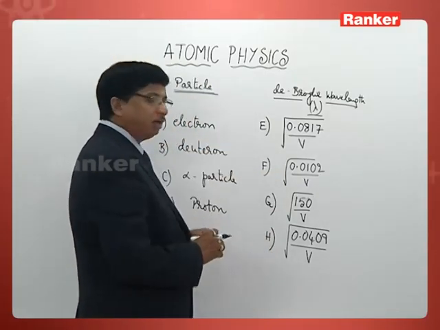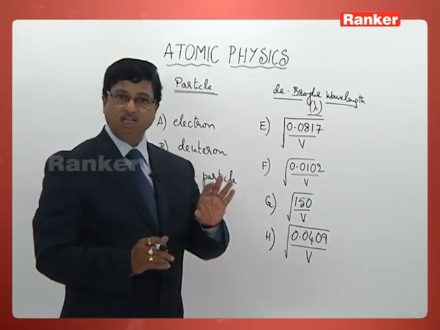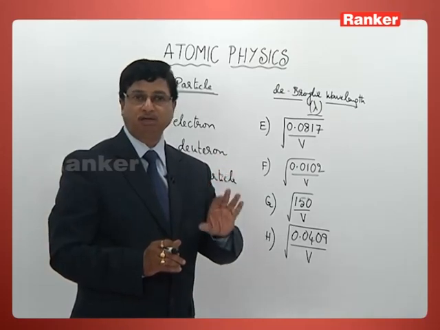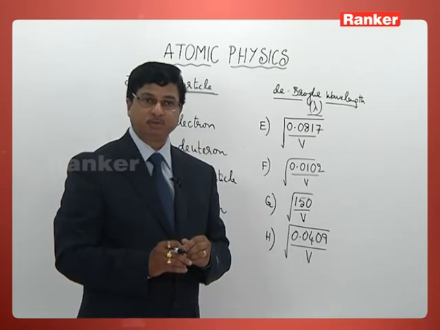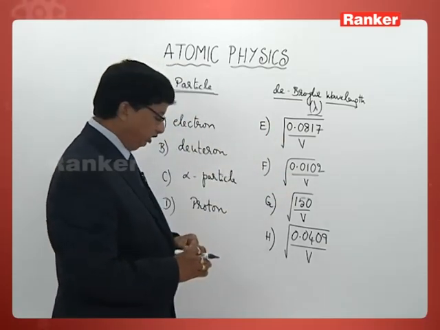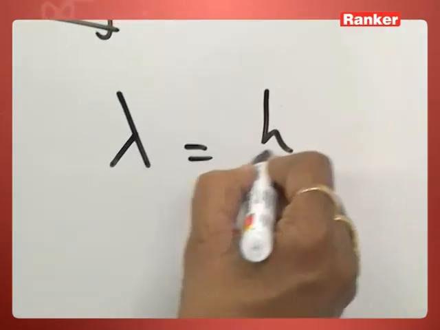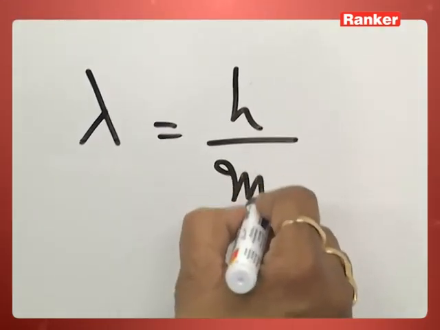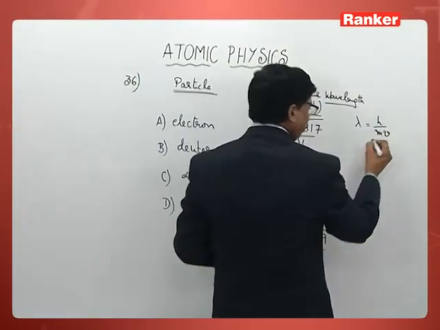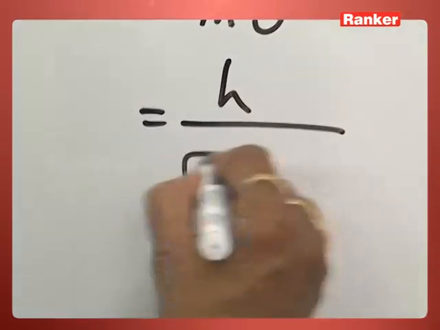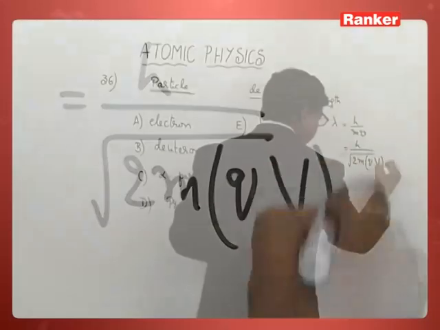No doubt you all can calculate them. That's not a big task. But you will not waste your time in the final examination if you know these values directly. So what exactly you have to remember in general is that the de Broglie wavelength lambda is equal to h by mv, which we can rewrite as h by under root of 2m into qV.